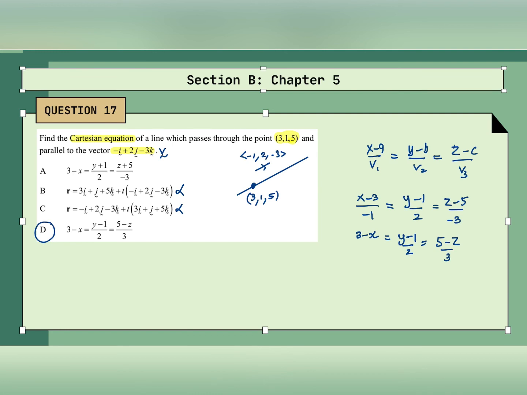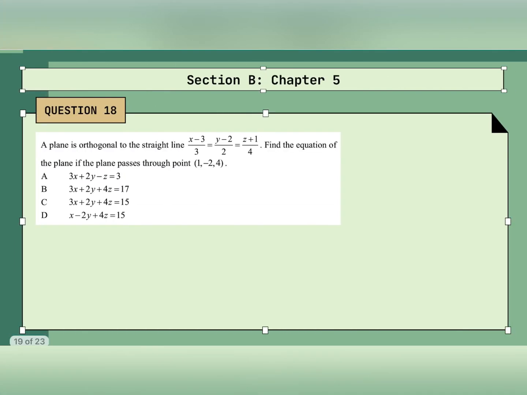Okay, question number 18. A plane is orthogonal. Orthogonal tu maksudnya apa? Perpendicular to the straight line. Find the equation of the plane if the plane passes through the point 1, negative 2, 4. Plane dan line kita orthogonal. So this is our line.